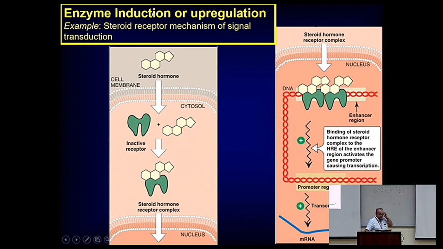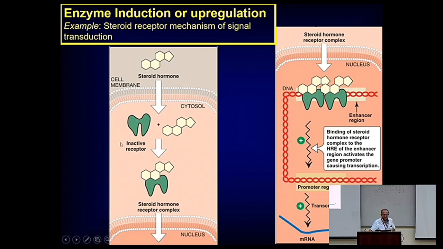Steroids, that's how steroid hormones work. Here's a steroid hormone. Let's say this is cortisol, an important steroid hormone. It's going to cross the membrane because of its lipophilic nature. Here it is inside the cytoplasm. And here's its receptor.